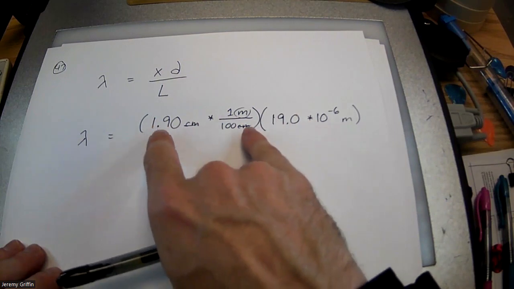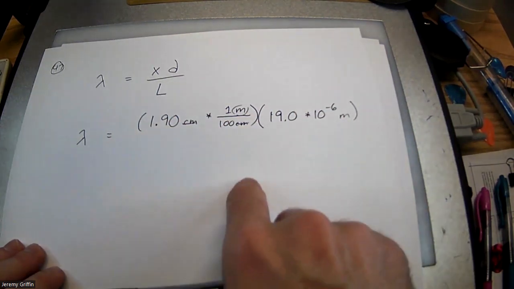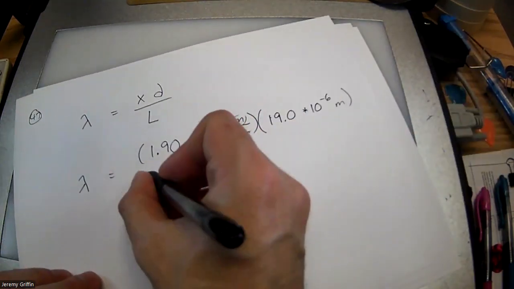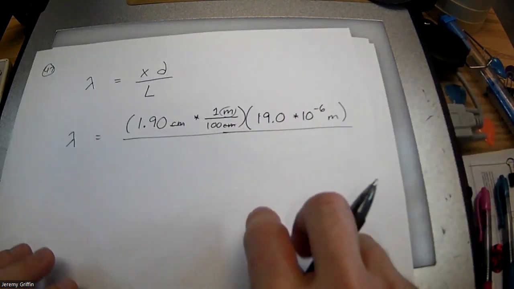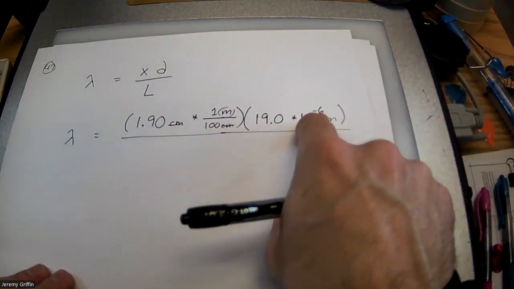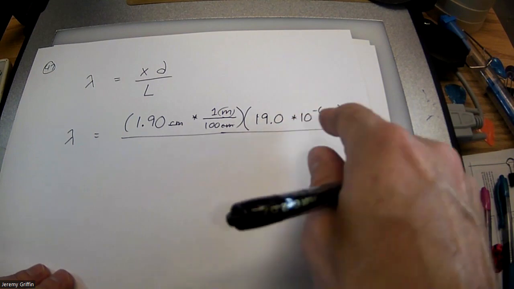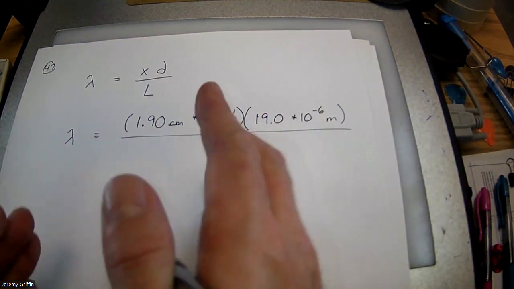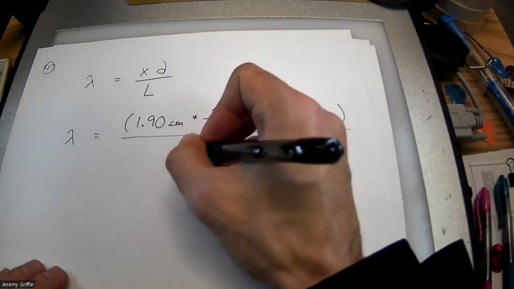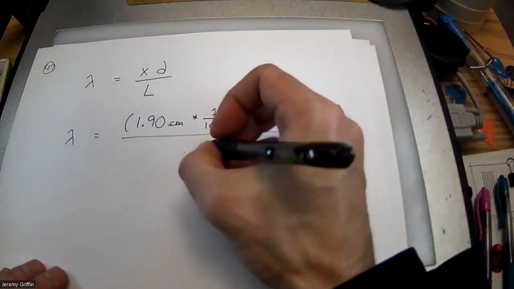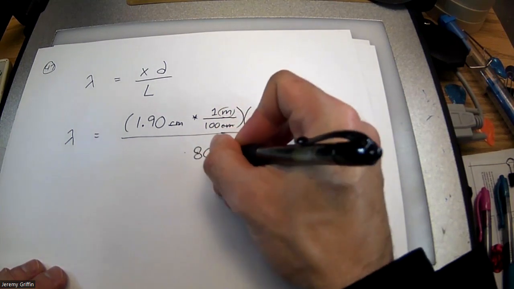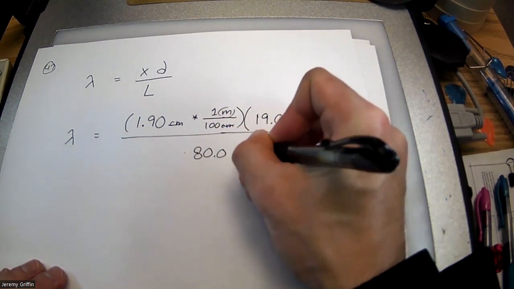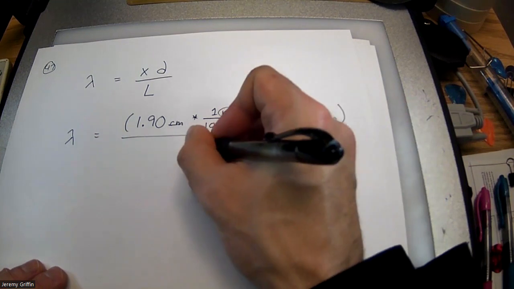I know I'm mixing and matching methods of conversion, but those are two different ways to do it: either dimensional analysis or scientific notation to convert back to meters. And then the length was given as 80 centimeters to the back screen. I'll do this one as scientific notation too: 80 times 10 to the minus 2 meters.